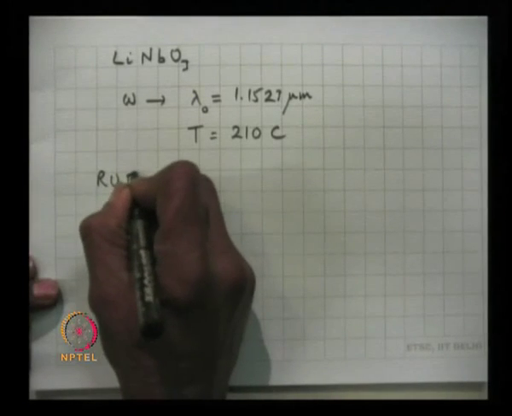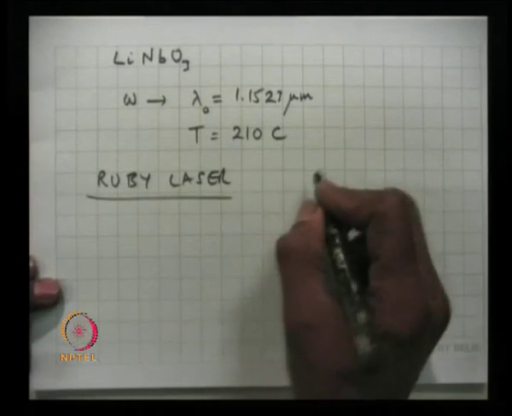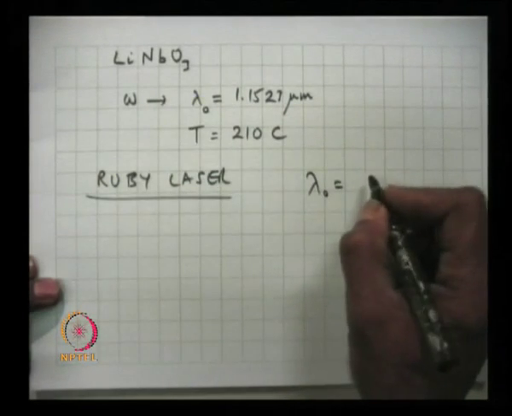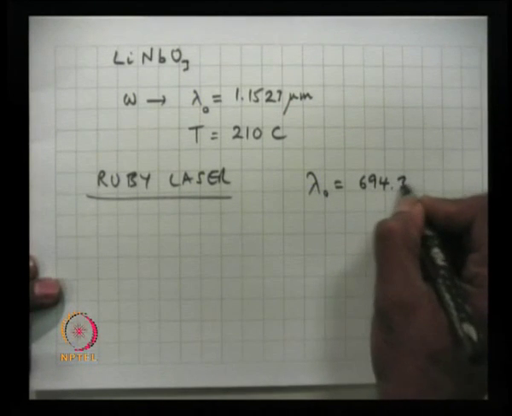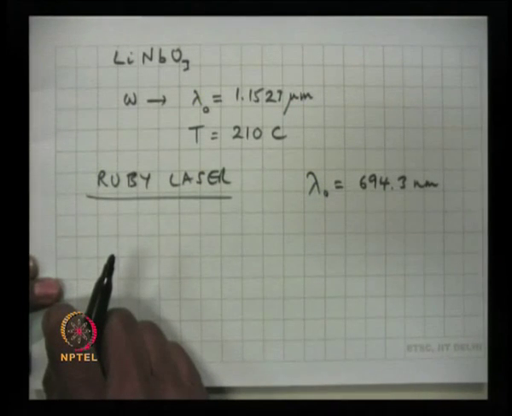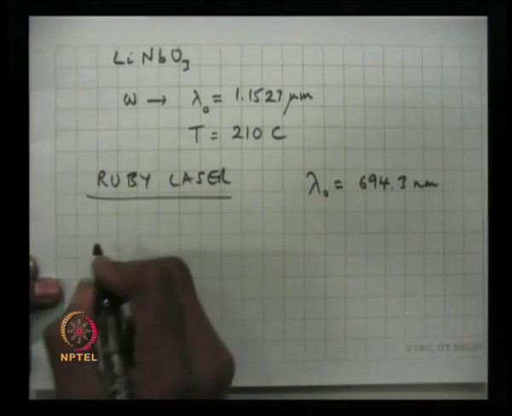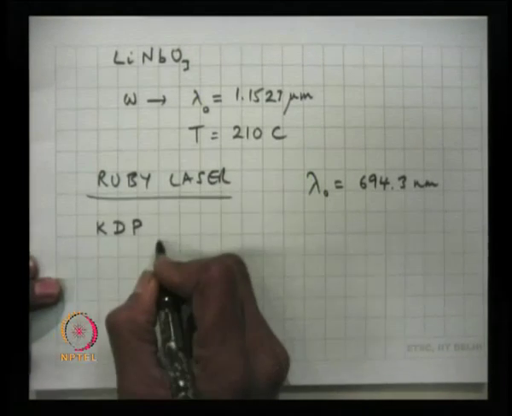So, the first laser which was built was what? Ruby laser. What is the wavelength? Red. Now, there is a crystal which is very popularly used, KDP.